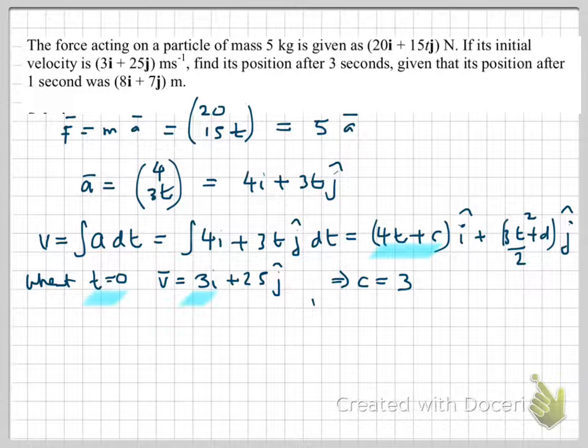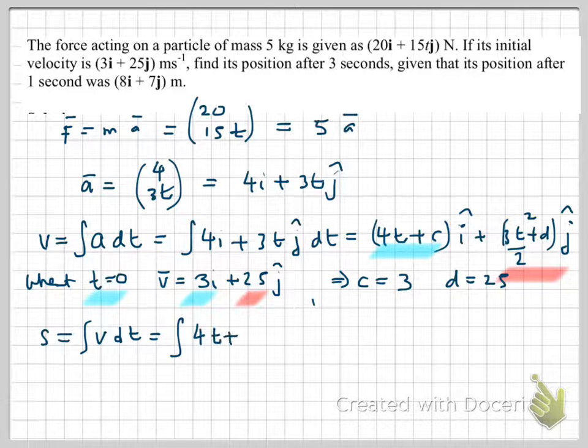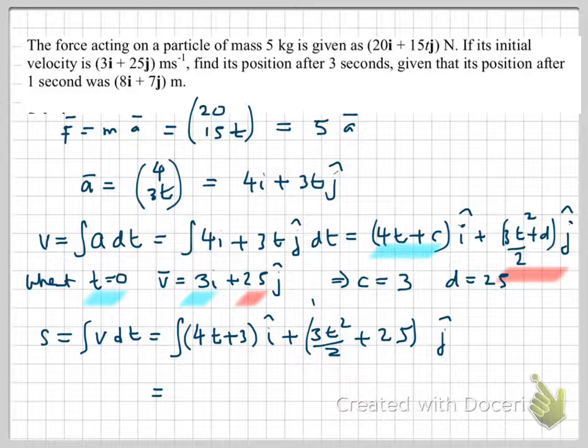Turns out c, when you put t equals 0 in, and 4t plus c equals 3, it gives us c equals 3, and similarly d equals 25. Next we can integrate our expression for v, and work out what s the displacement is going to be. Again, we'll integrate each component separately and give it a constant which we'll call e and f.